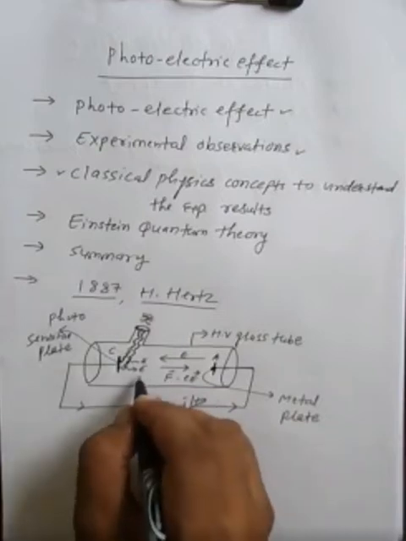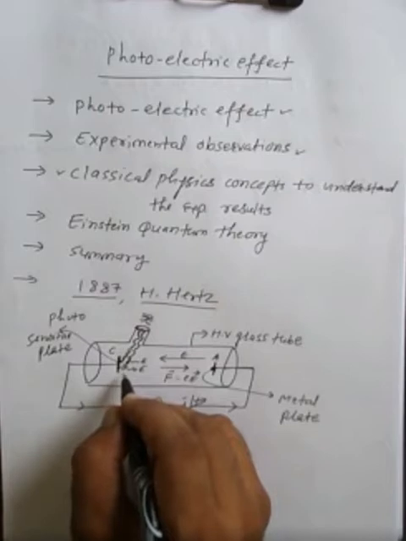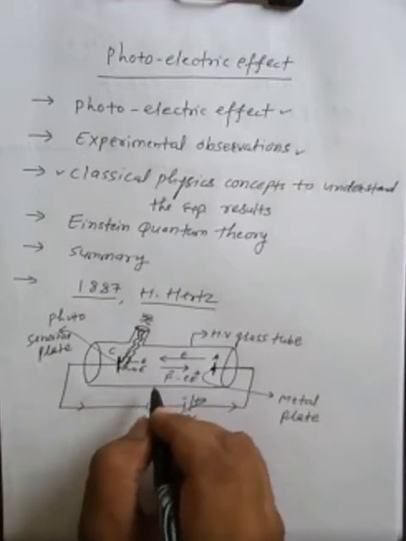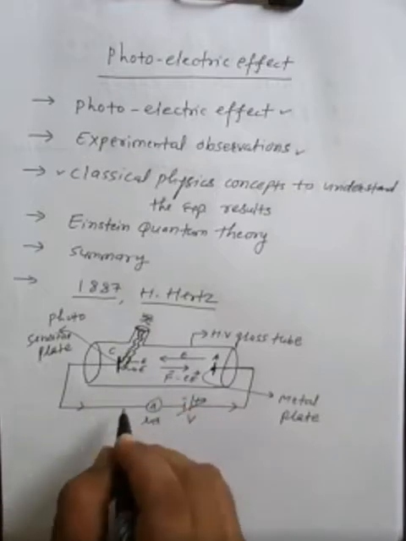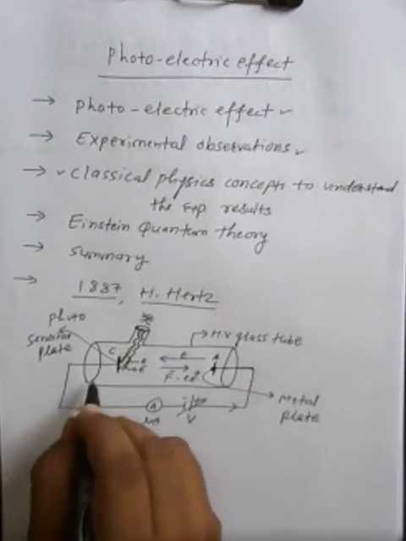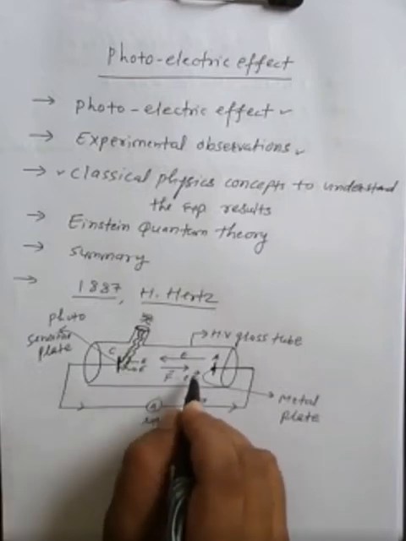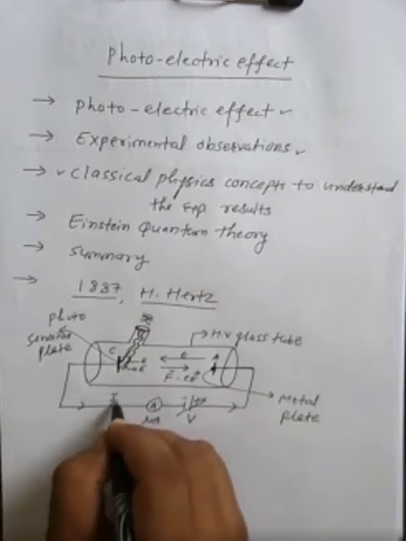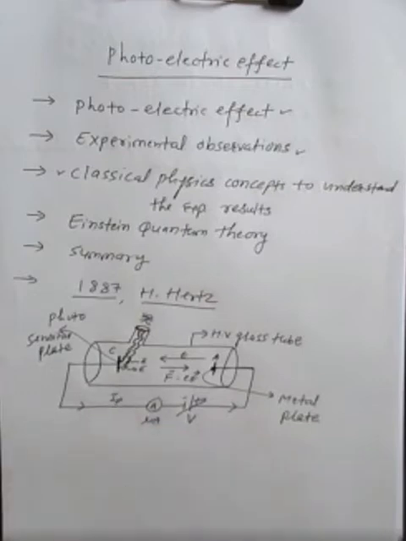These electrons which are emitted by the illumination of certain frequency radiation, we call photoelectrons, and the current which is flowing in the circuit due to these photoelectrons, we call the photoelectric current, denoted by IP.